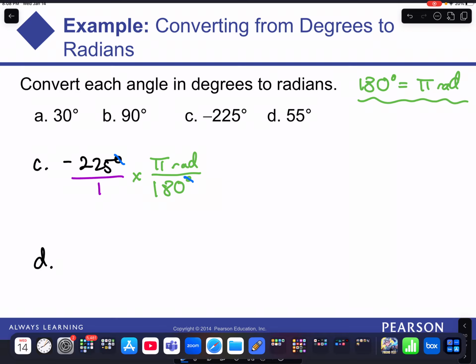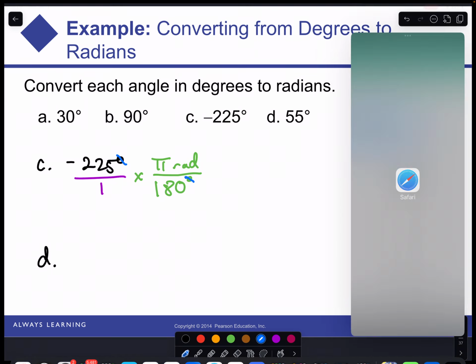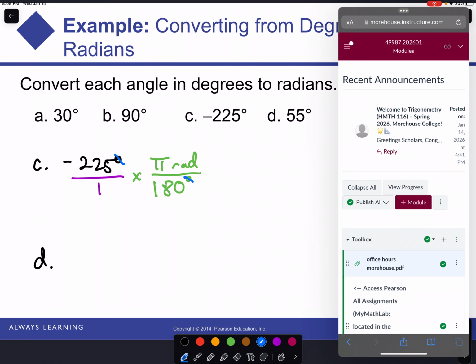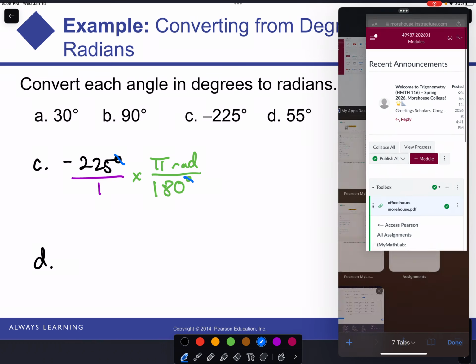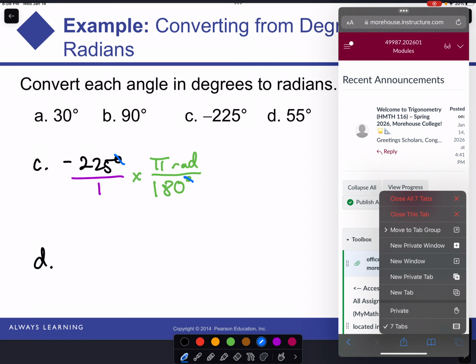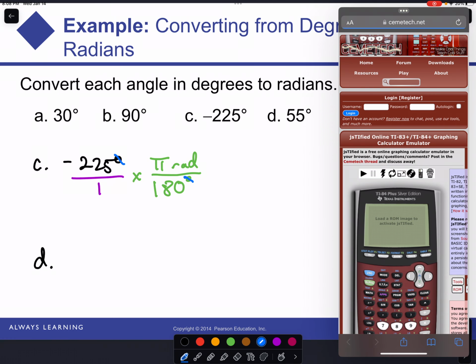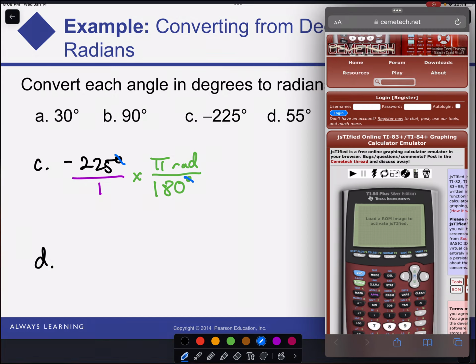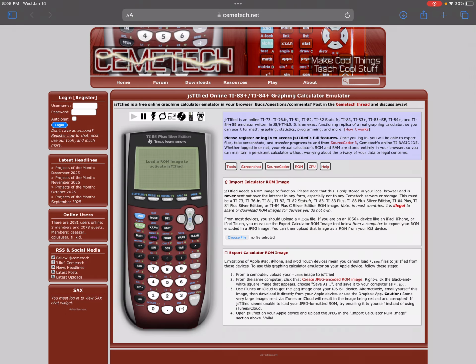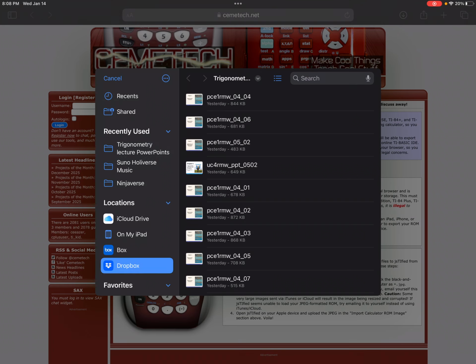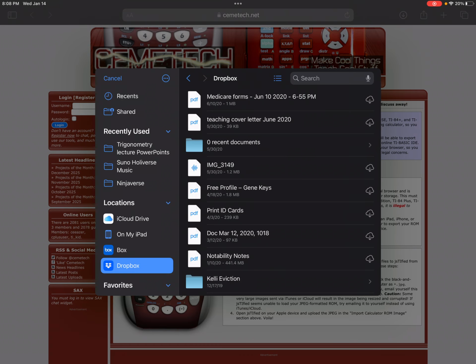I'll just see if I can pull this up here. See if I can get this to work.